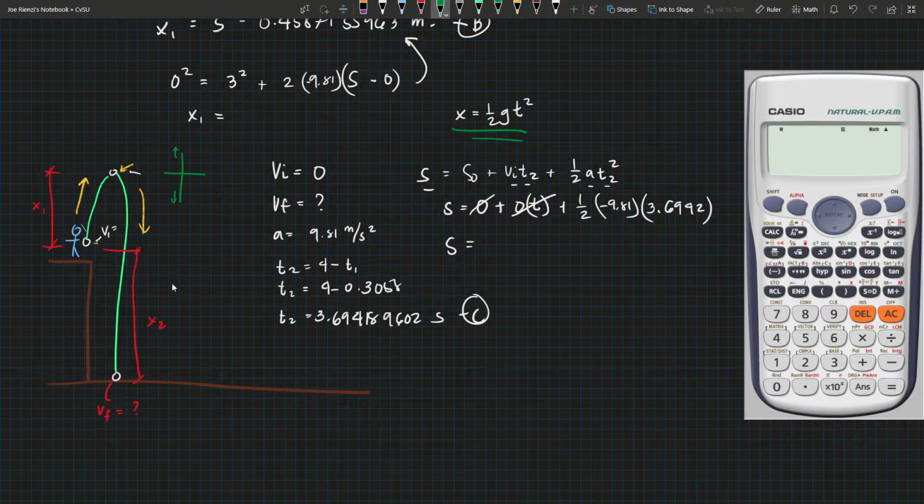Actually, pwede natin i-assume na ito yung formula natin ng free fall bodies. Or simply, yung sagot natin is 1/2 times 9.81 multiplied by yung time natin. So, to check, 3.69, so 18.12. 18.12 meters.